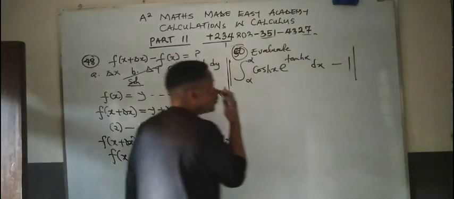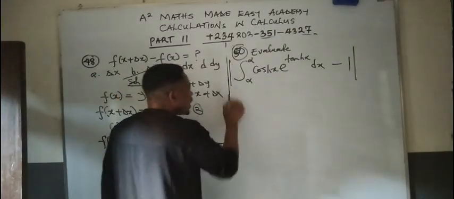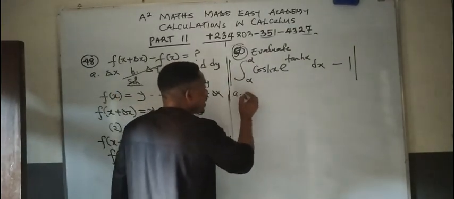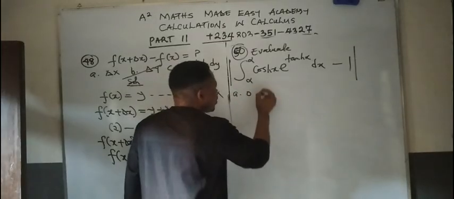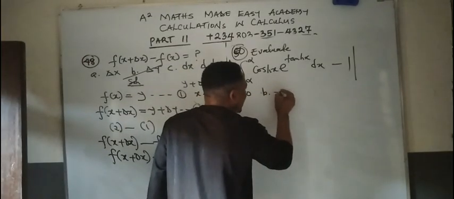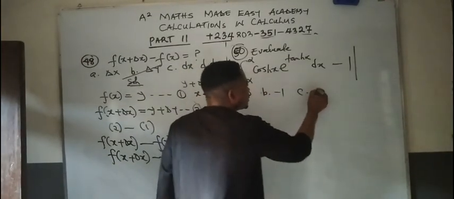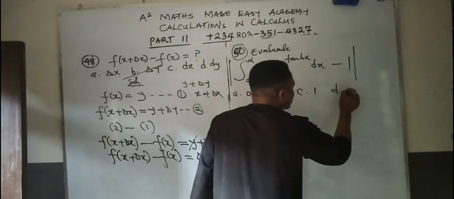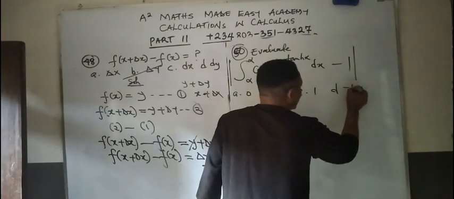Now look at it, evaluate this. Option A says 0, option B says -1, option C says 1, and option D says -1/2.